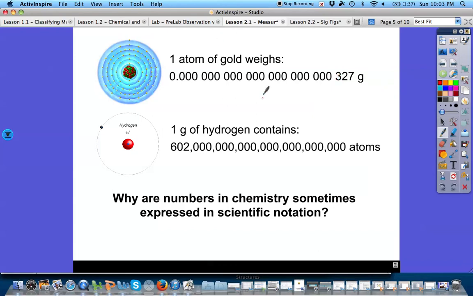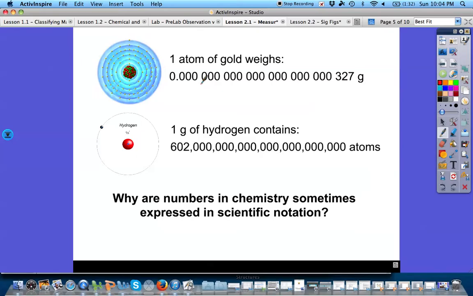That is the mass of 1 atom of gold. 1 gram of hydrogen is 602 with 3, 6, 9, 12, 15, 18, 21 zeros behind it. There's that many atoms in 1 gram of hydrogen. So these numbers have a lot of zeros in them.